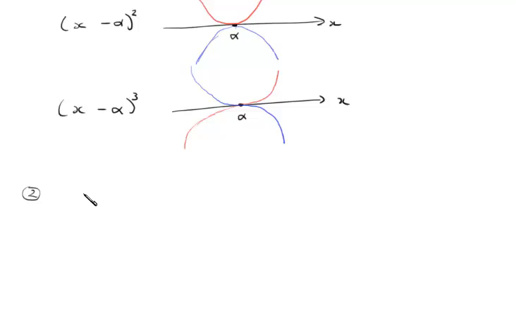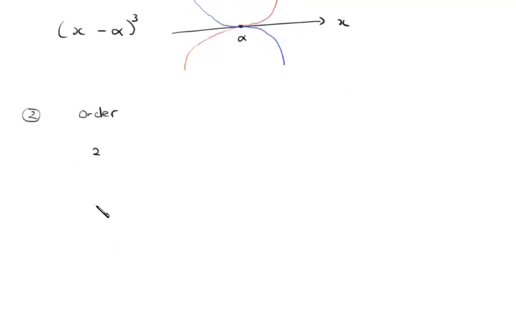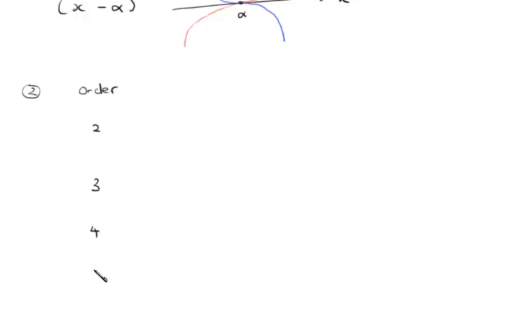if the order is 2, of course, it's quadratic, so it's going to look like this, or it's going to look like that. It depends on whether A is positive or A is negative. So what's A? A is the coefficient of the leading term.